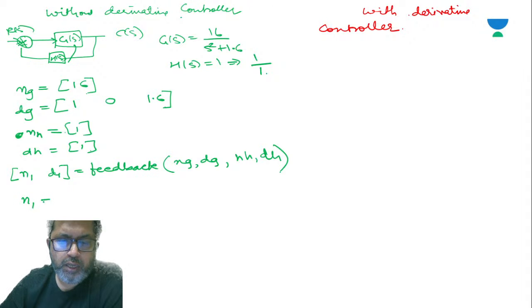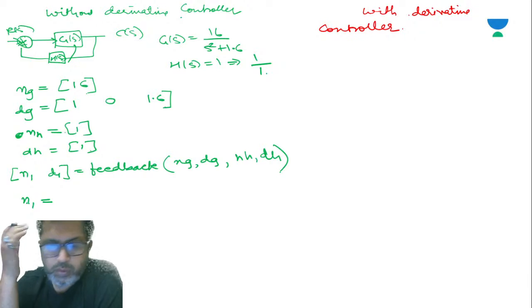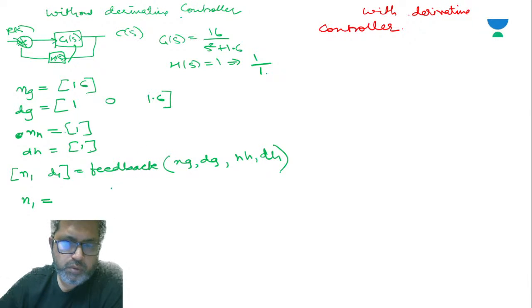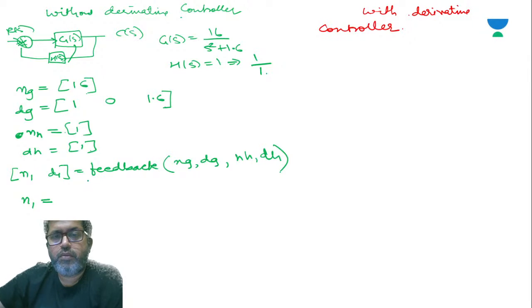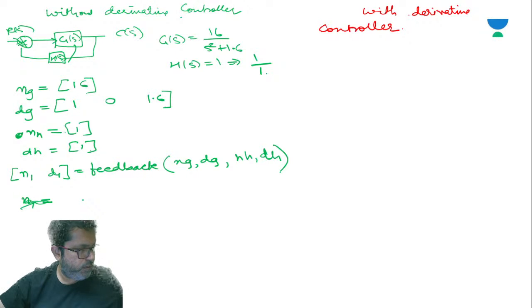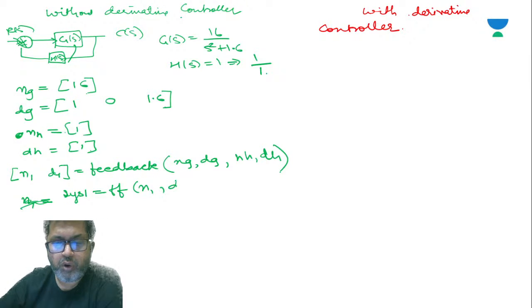So N1 is equal to this. Then this one is equal to transfer function N1 comma D1.